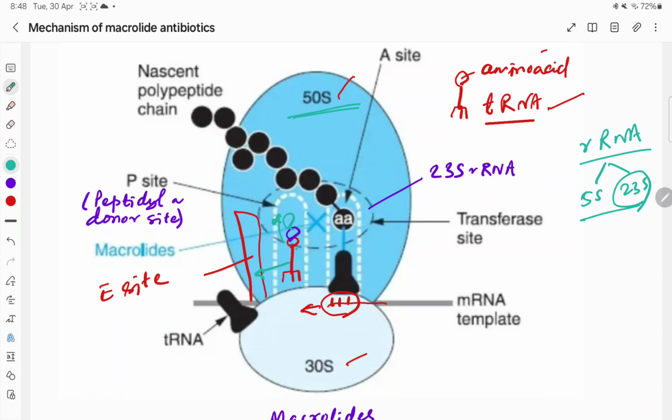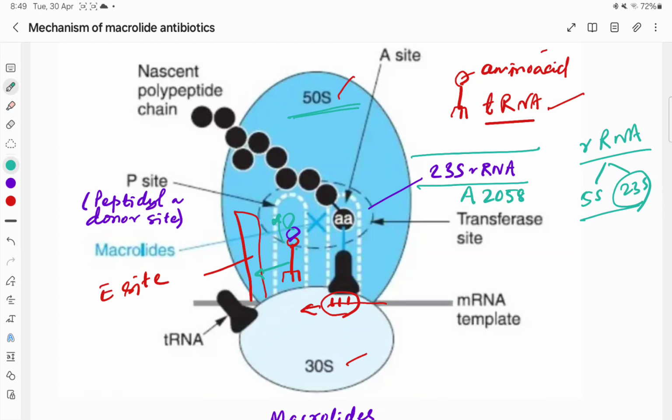Macrolide antibiotics bind to the 23S ribosomal RNA, and to be particular, adenine base number 2058, A2058, of 23S ribosomal RNA.